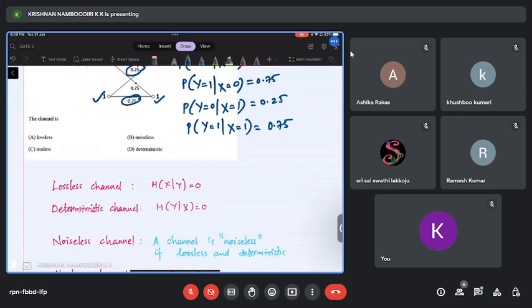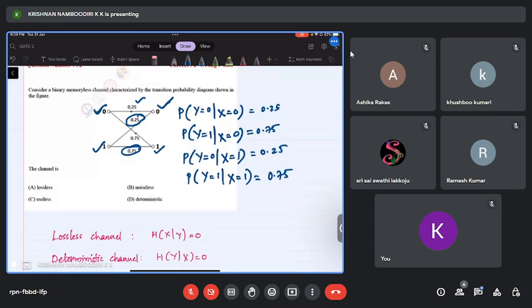So here, four options are given. The channel is a lossless channel, a noiseless channel, a useless channel, a deterministic channel. Any idea what is the answer?